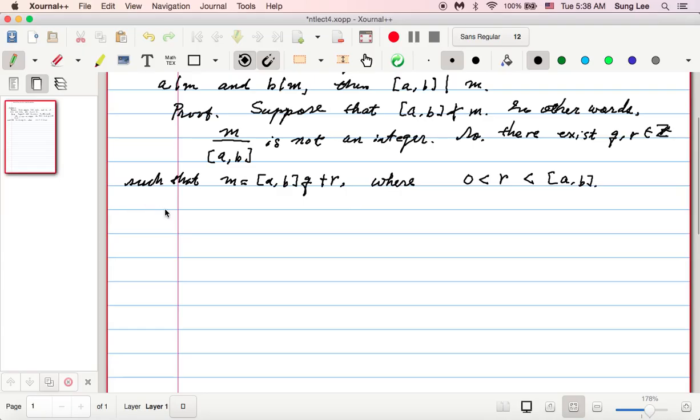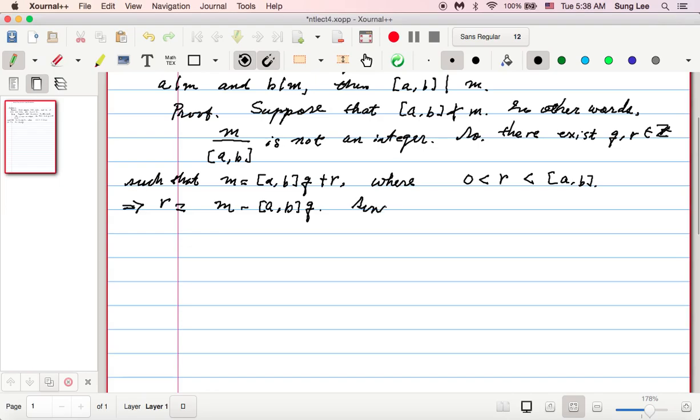So here we have r equals m minus the least common multiple of a and b times q. This implies this.